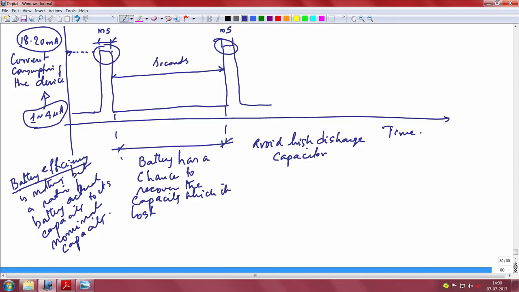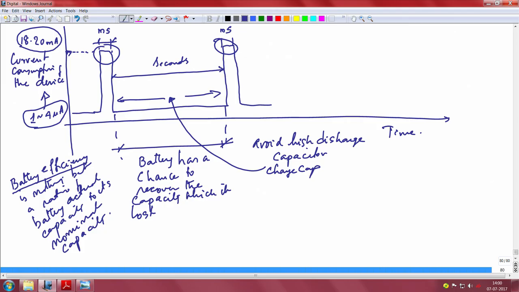And therefore you keep charging this capacitor during the sleep period, and the moment the load gets on, the cap is delivering the required energy and power to the load instead of drawing it directly from the battery.